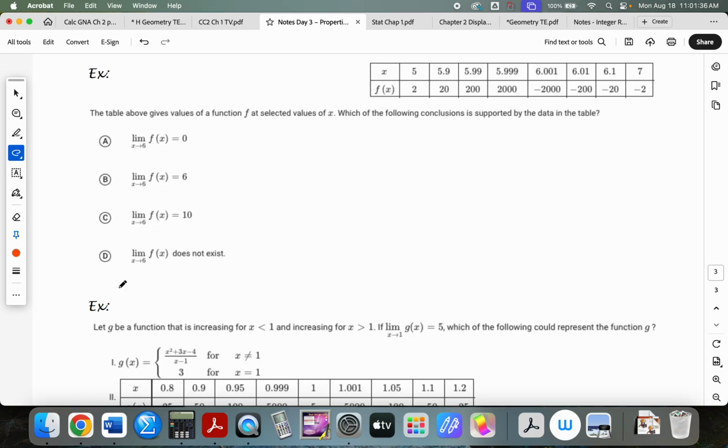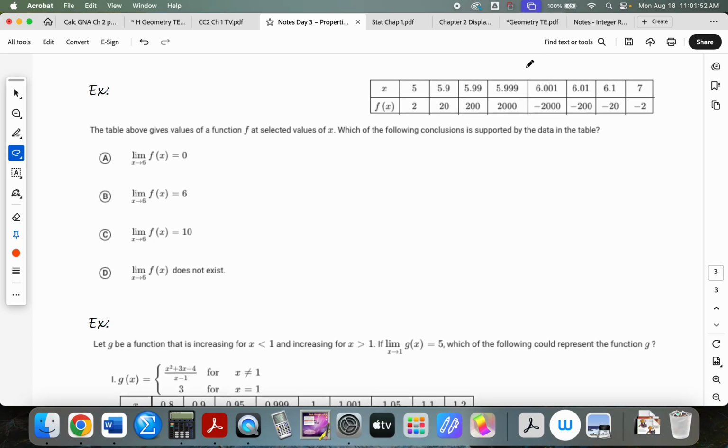All right, let's take a look at this. The table above gives values of f at selected values of x. Which of the following conclusions is supported by the table? That the limit as x approaches 6, which would be right in here someplace, is 0. Is that supported by the table? No. The limit as x approaches 6 of f of x is 6.